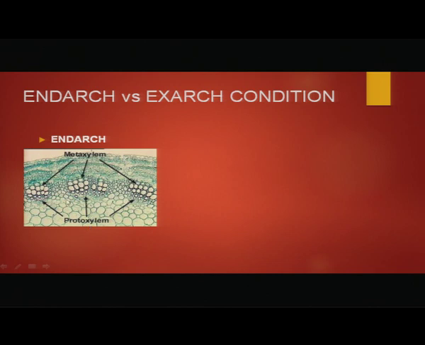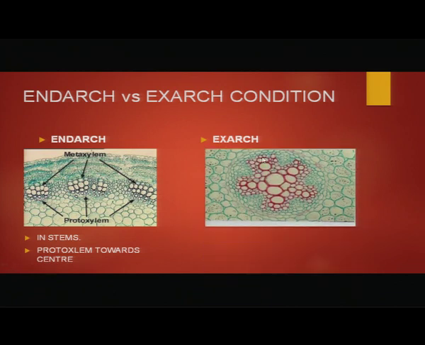Such an arrangement, where metaxylem is towards the periphery and protoxylem is towards the pith, is known as ENDARCH condition. It is present in the stems, while the EXARCH condition is the opposite of it. Here the protoxylem is towards the periphery while the metaxylem is towards the center. Such a condition is known as EXARCH condition and it is present in the roots.